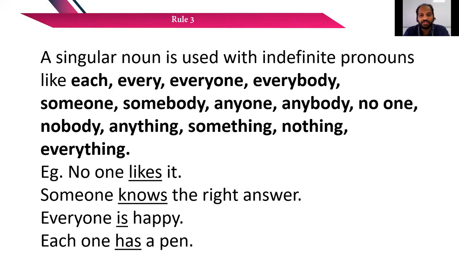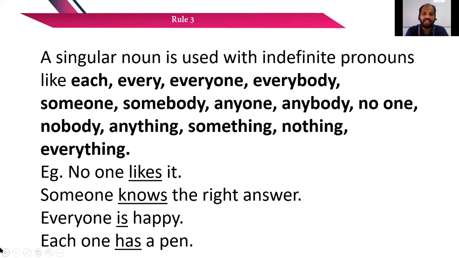a singular noun is used with indefinite pronouns. So when we are not specifying the person, a singular noun is used with indefinite pronouns like each, every, everyone, everybody, someone, somebody, anyone, anybody, no one, nobody, anything, something, nothing, everything.